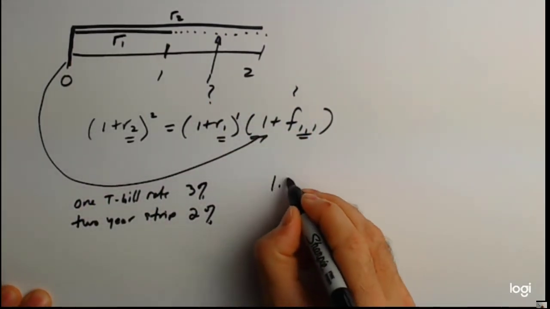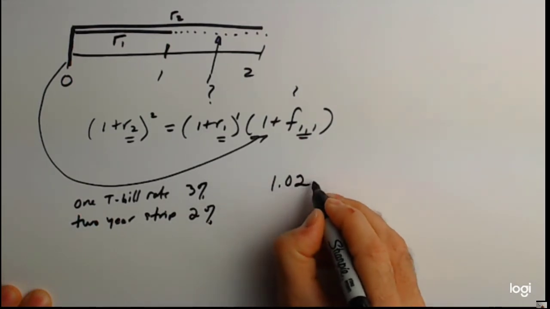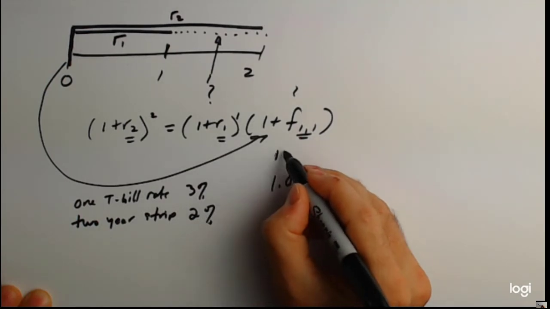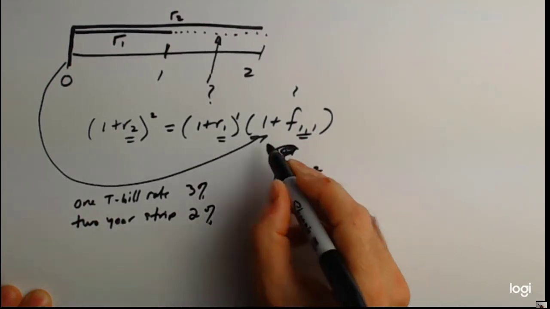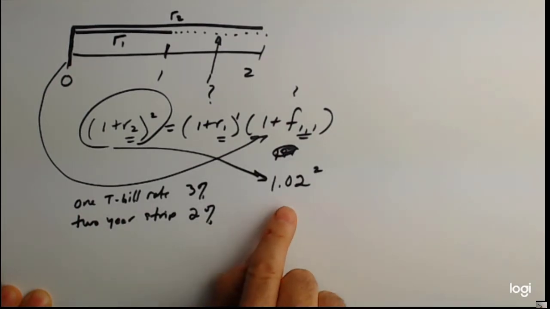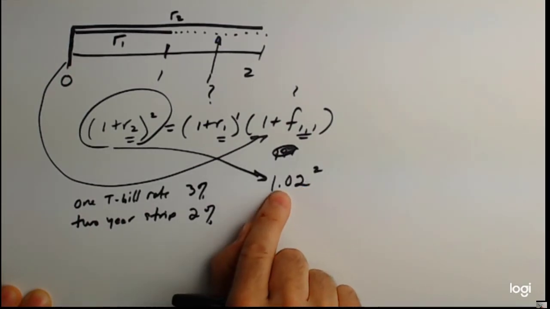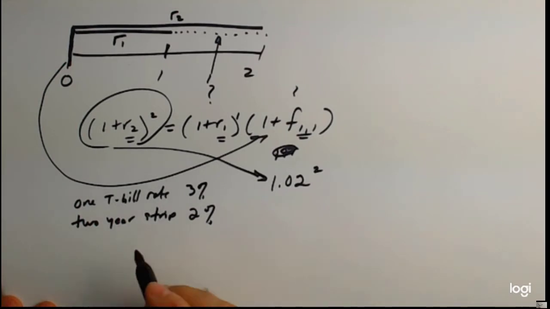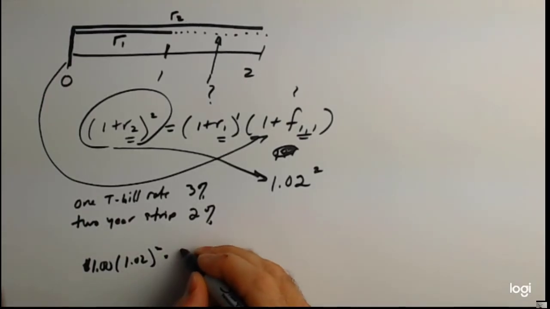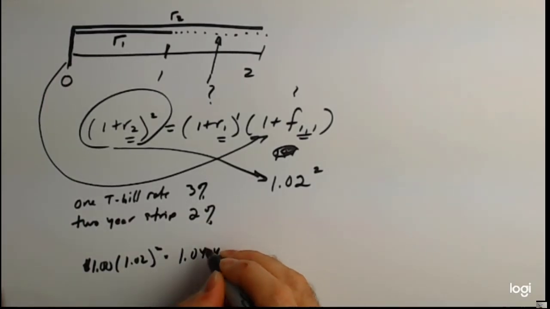Well, if you take the 2% and compound it 2 periods, basically 1 plus, this guy right here, this is telling you, look, if I invest $1 times 1.02 to the squared power, I'll have $1.0404.